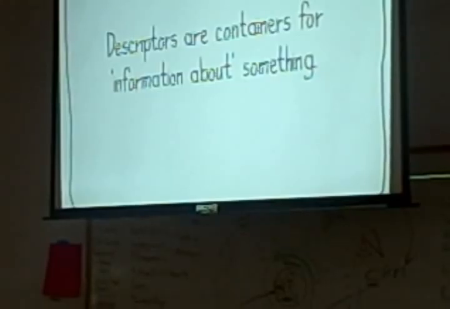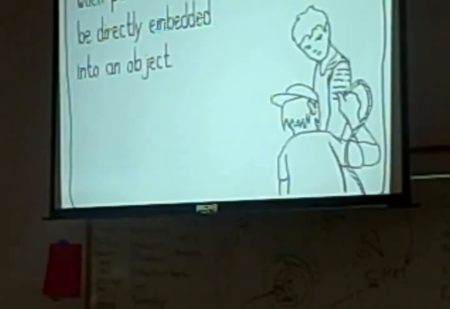Descriptors are containers for information about something. And they're useful when we can't embed patterns directly into an object.